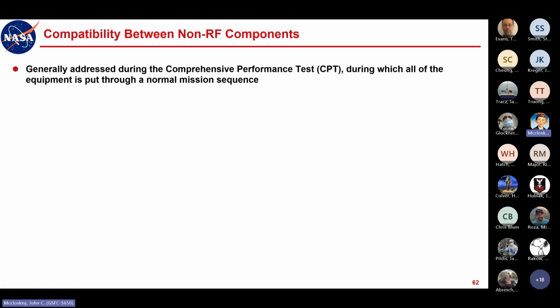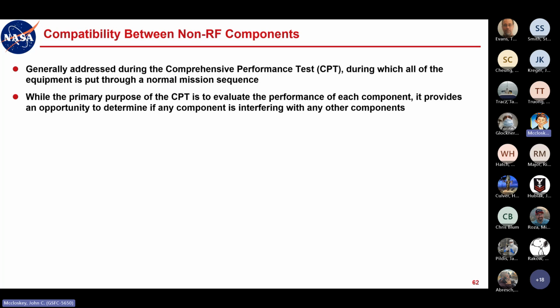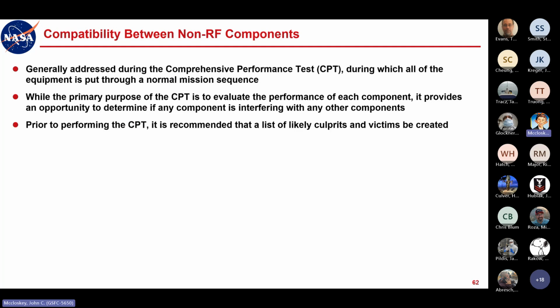And then non-RF self-compatibility is again basically just a CPT. You're running all your equipment through a normal mission sequence. It does provide an opportunity to determine if any particular component is interfering with any other components. So you can structure your CPT to address items of concern.